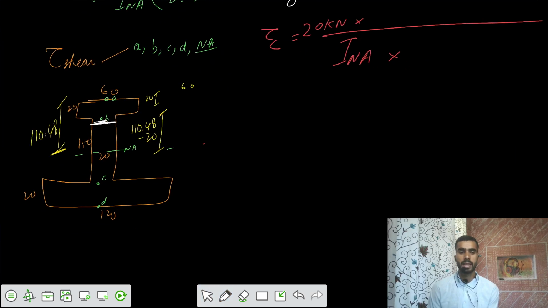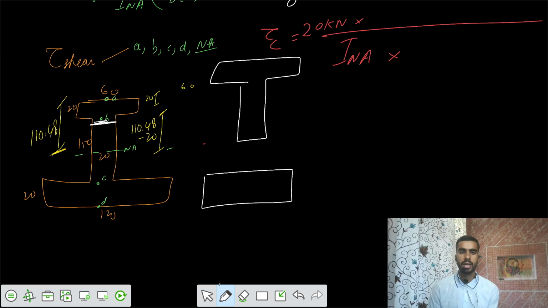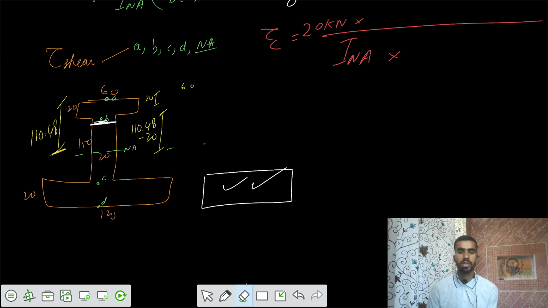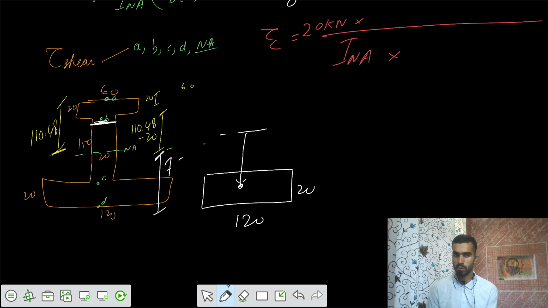So we can take the area, either above or below. Either you can take this area or this area. I can take this area because your calculations will become easier. This area has a width of 120, depth of 20, and the centroid is at a distance of 79.52, and I can say this value of YC equals 79.52 minus 10, so 69.52.